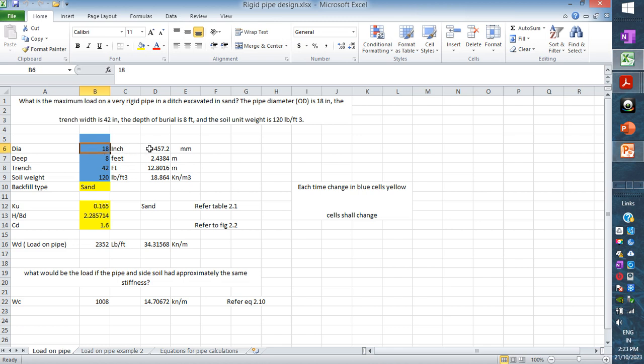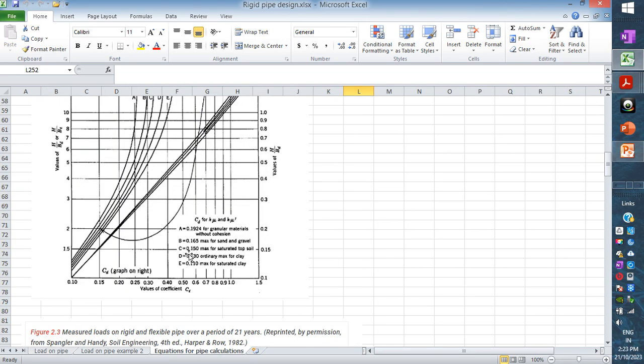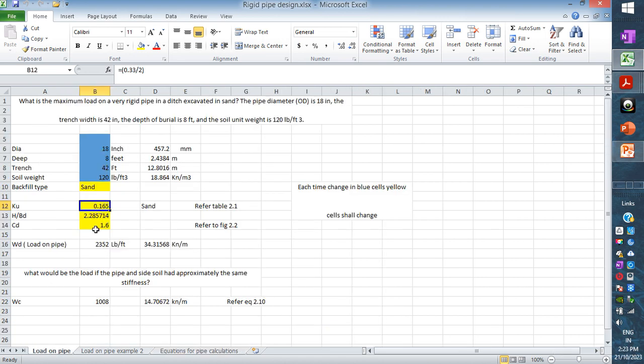So 18 inch is about 457 millimeter, depth about 2.5 meter, trench width about 1.2 meter, and the unit weight is 18 kilonewton per cubic meter, sand. Then KU is from table 2.1, and also from this graph KU is 0.165 for sand and gravel. So if your embankment is gravel and sand, 0.165 is KU.